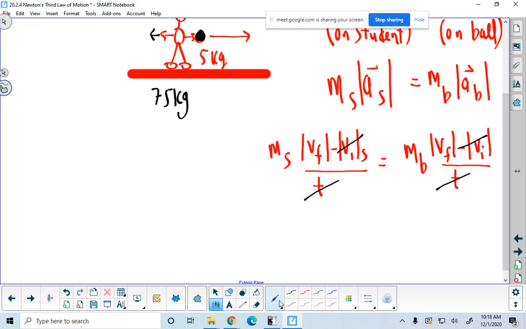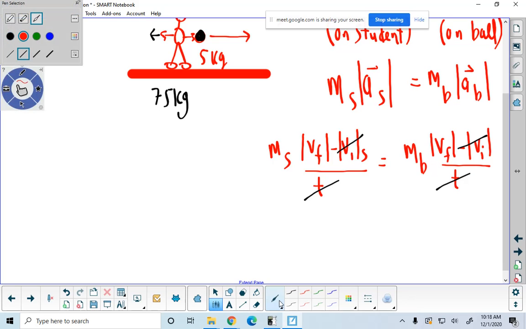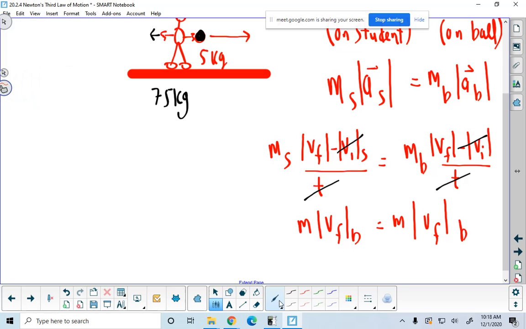The mass times the final velocity of the ball and the mass times the final velocity of the student are the same. Did any of you get an answer here without going through that rigmarole?